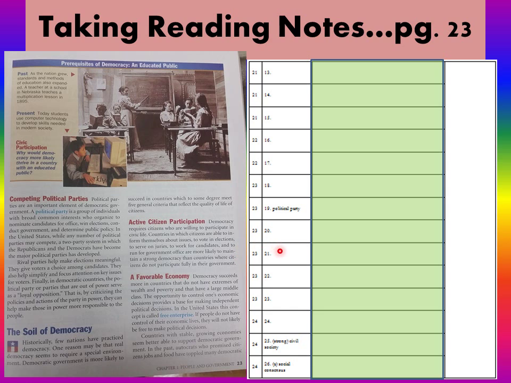So for number 21, you can sum this up. You can even just put a democracy requires citizens who are willing to participate in civic life. That sentence would be enough. If you want to give more, you can give some examples that they've listed here and write those also in number 21. Number 22, a favorable economy.